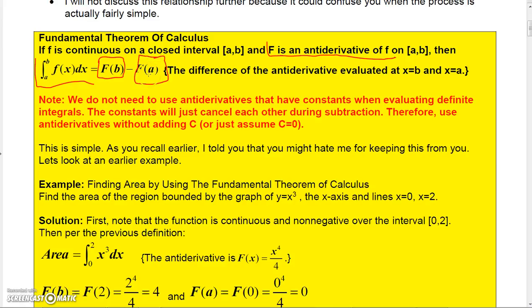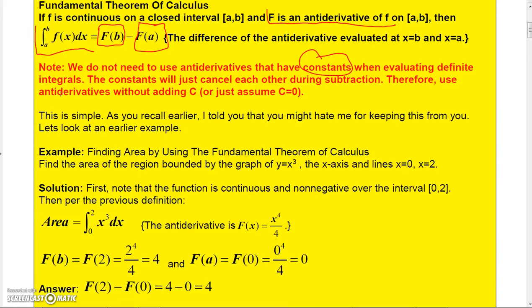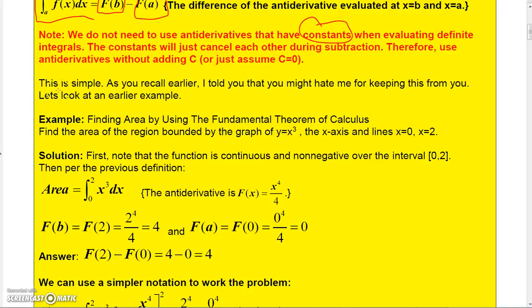And that's all there is to it. And we do not need to use antiderivatives with constants anymore, because this subtraction causes the constants to disappear. Okay? So the constant is 0.